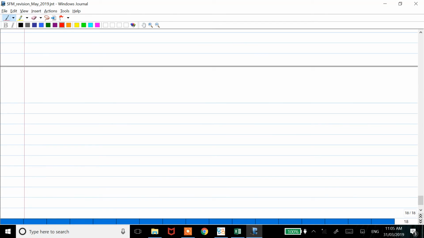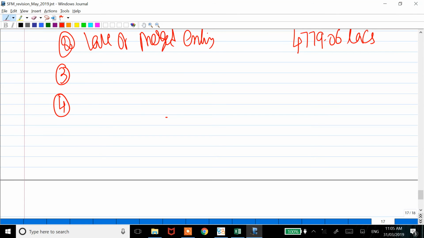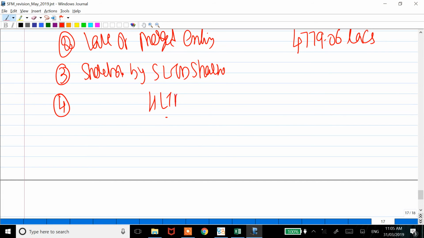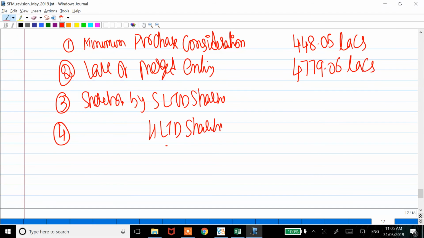Now listen, the merged entity will be held by 2 sets of people, shareholders of S Limited, that is the selling company, and shareholders of H Limited. What I am trying to tell here is, once the merger happens, I should hold 448 divided by 4779 of the merged entity. Of that 4779, 448 should be my value, balance can be the other set of value.